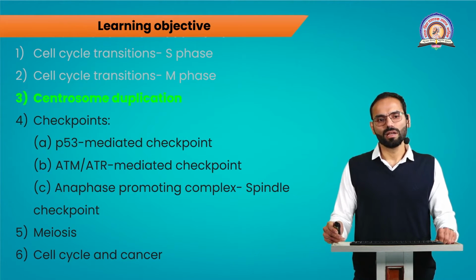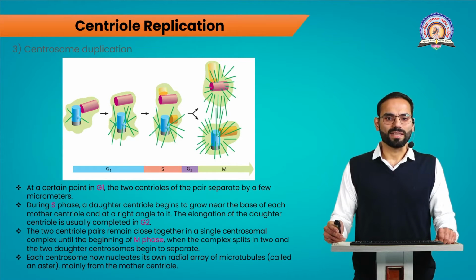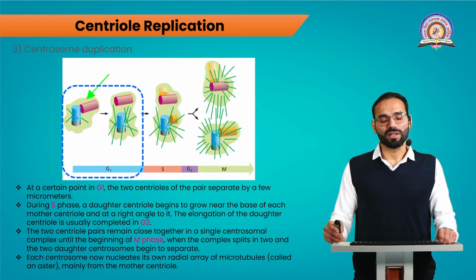So let's see the third important point of this seminar, which is centrosome duplication. Centrosomes are very important in order to radiate the microtubules, and around the centrosome is a pericentriolar matrix. The centrosome has a pair of centrioles, and at a certain point in G1, these two centrioles of the pair separate by a few micrometers.